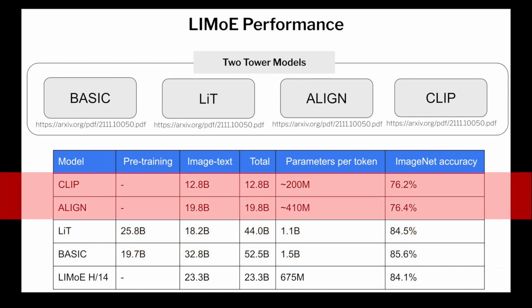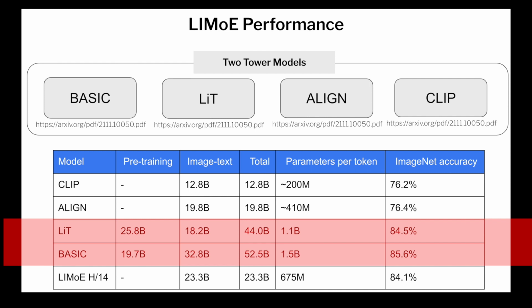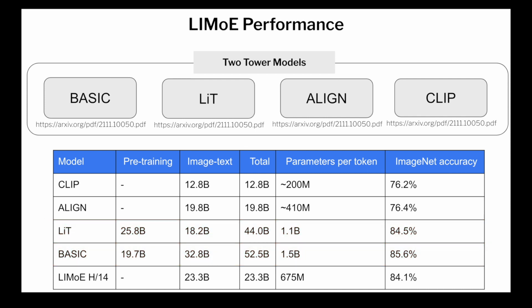Both CLIP and ALIGN scaled the process to achieve about 76.2 and 76.4 zero-shot classification accuracy on the popular ImageNet dataset. The other two, LIT and BASIC, pushed the zero-shot accuracy for the dense two-tower models to 84.5 and 85.6% respectively. Due to a specialized pre-training method, LIT and BASIC definitely had an advantage over CLIP and ALIGN and achieved higher ImageNet accuracy.